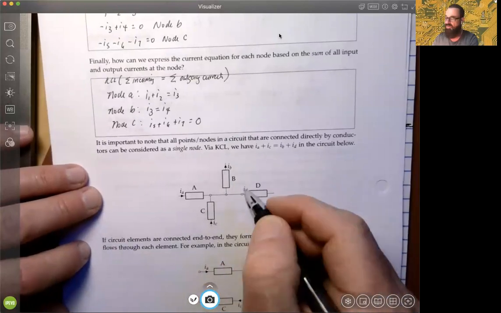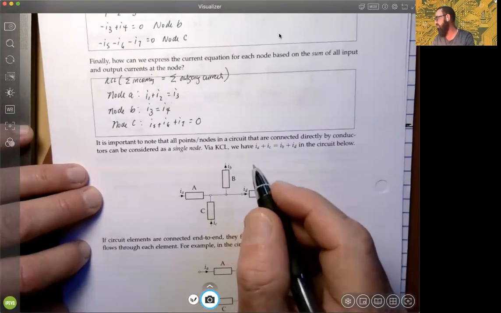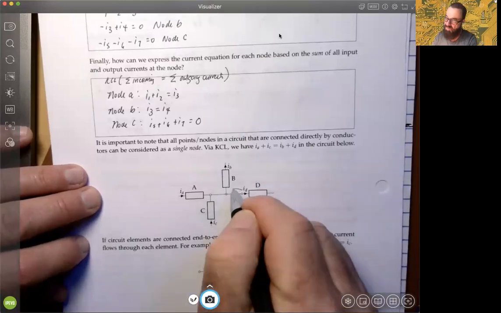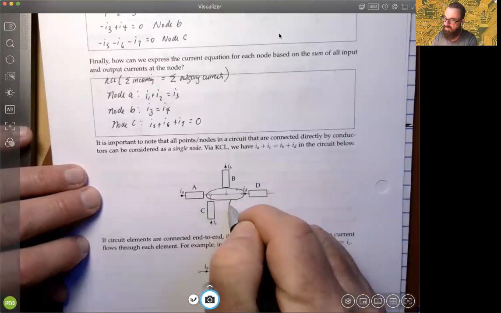Well, in fact, you only have one node represented here, okay? There's only one node because there are no circuit elements in between all these connections. So if all you have is conductors all connected to each other, you consider that a single node. So this again is just one node right here.